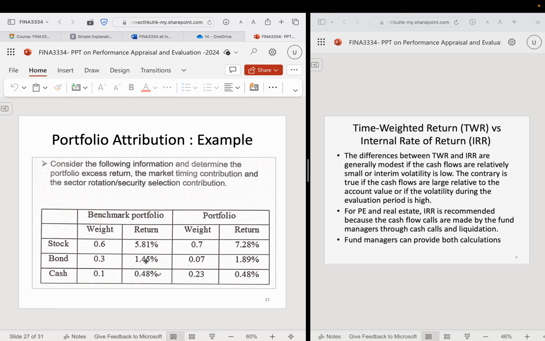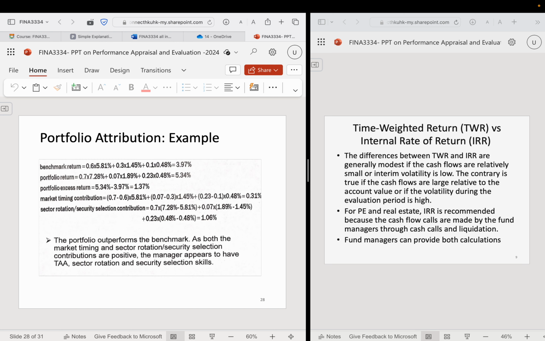I would say not many people are able to achieve both market timing and security selection. Some people are better at security selection and do less market timing. Some people do more market timing and less security selection. Say for example, in my analysis, if I always invest in the ETF, I also achieve 5.81, 1.45.